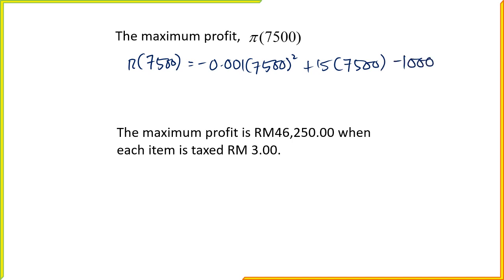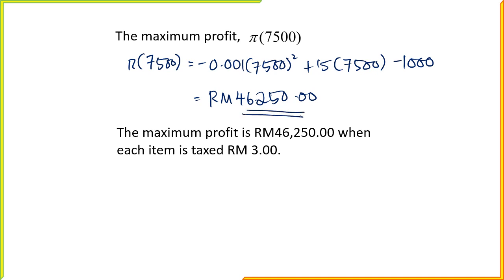Okay, so you can calculate the value here by using your calculator. If I'm correct, it will be RM46,250. You can check whether it's correct or not. Okay, so now we have the maximum profit.